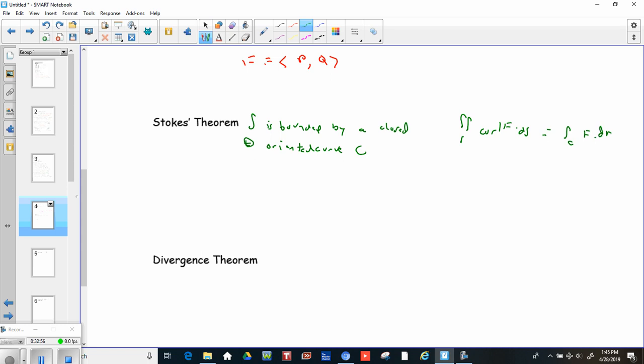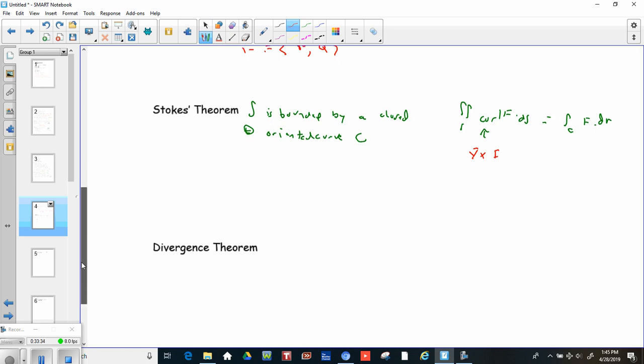And don't forget, the curl is defined as del cross F.